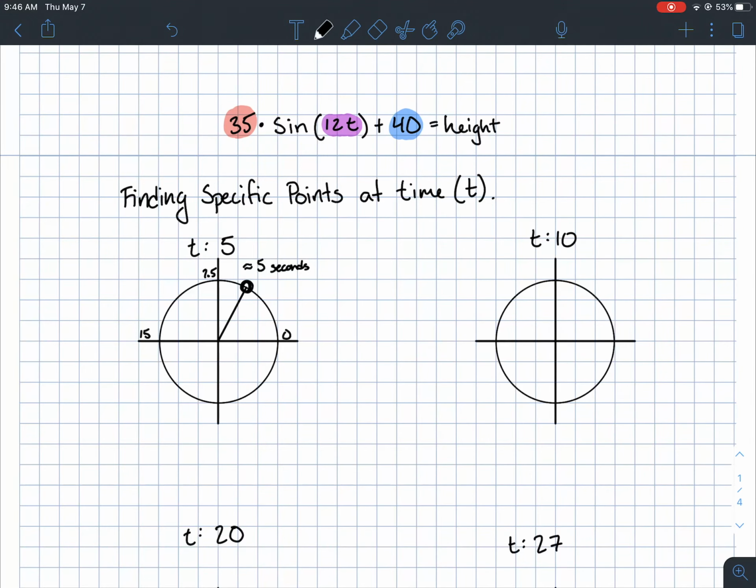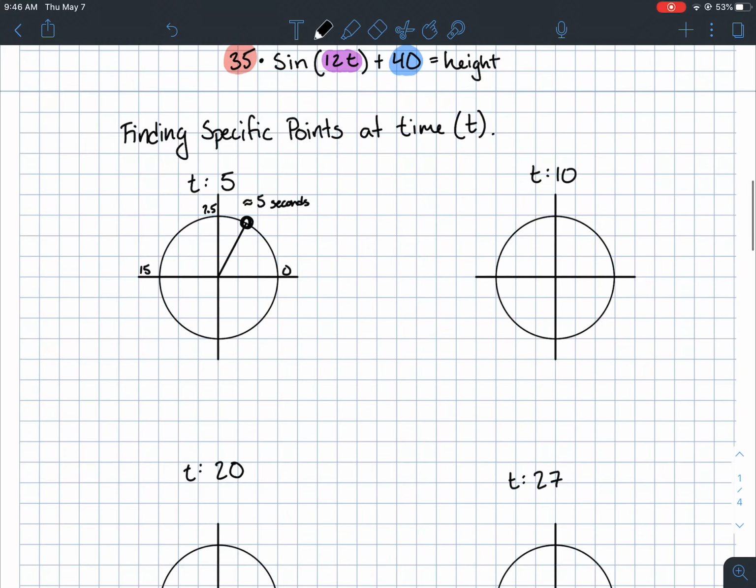So let's see how high above the ground we are at that particular point in time. Our radius hasn't changed. These little numbers I'm putting here are just times, to show exactly where we might be at those times. So at 5 seconds, we have 35 times the sine of 12 times 5, because t was 5, plus 40. So we get 35 times the sine of 60 degrees plus 40.